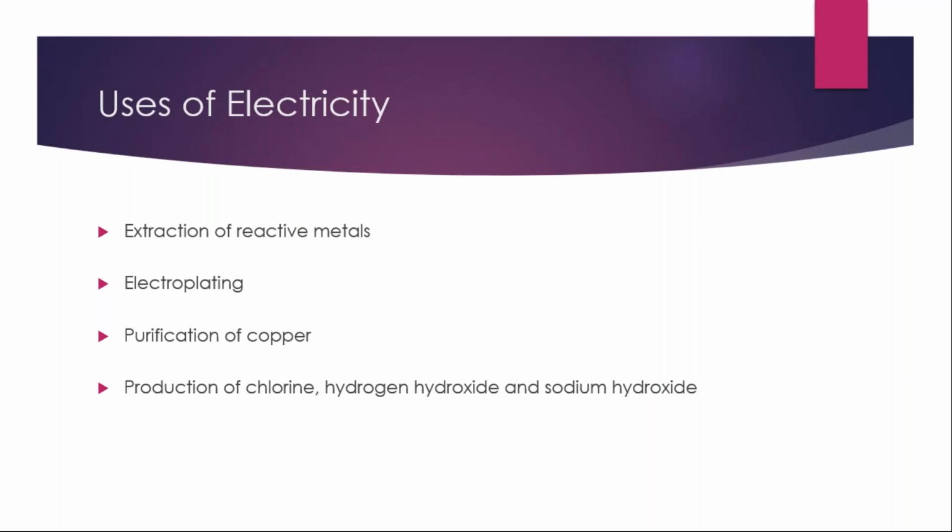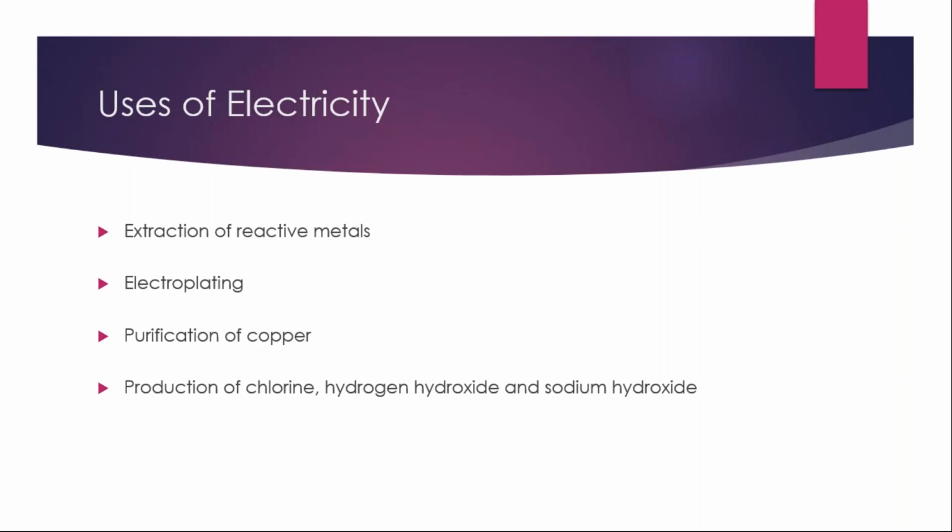It is a process called electroplating. So you do electroplating to prevent the rusting of iron and corrosion of these metals. How do you do electroplating?